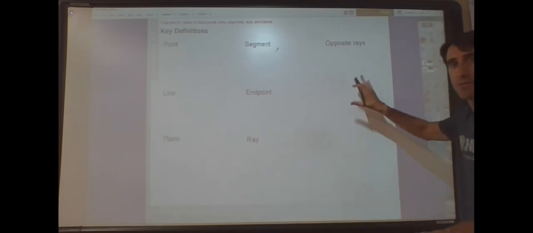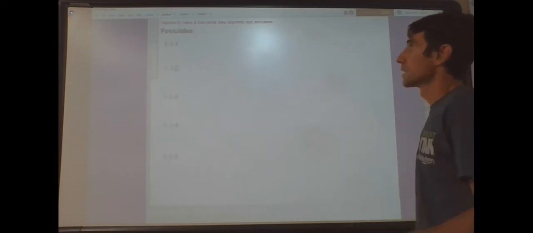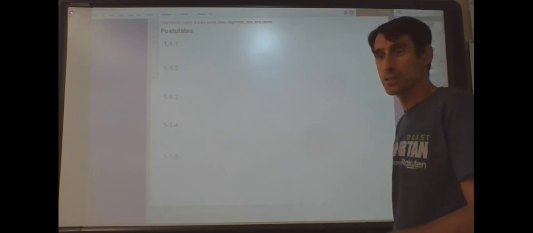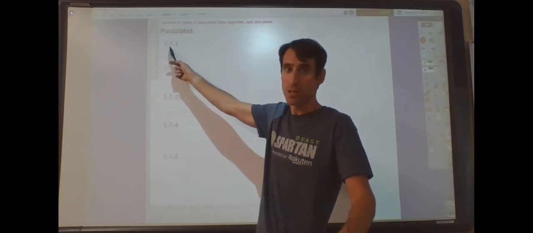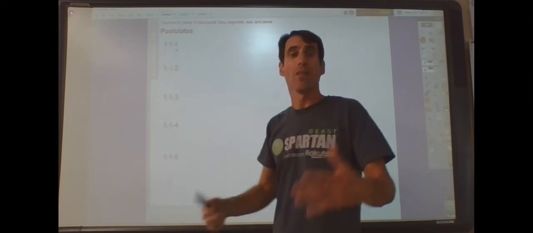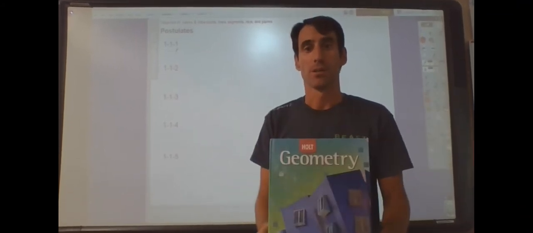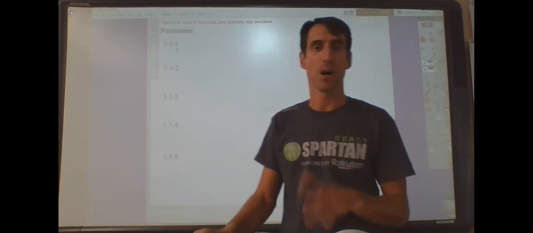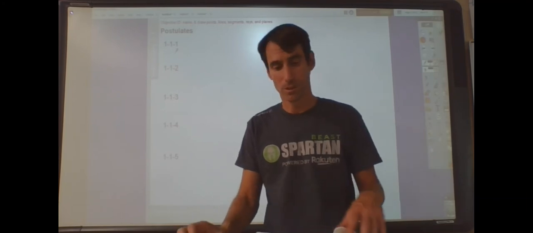So you're going to have a vocab page if there's a lot of vocab. Sometimes it's put on that first page. Then, oh, well, look, we have some postulates. In this case, we have 5 postulates. Now, this 1-1-1 just means chapter 1, section 1, first postulate. Now, that only works for this textbook. So if you go to someone else who's taking geometry and go, hey, what did you think about postulate 1-1-3? They're going to look at you like, huh? What are you talking about?